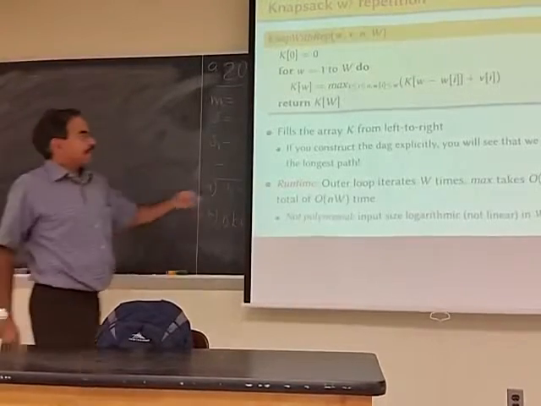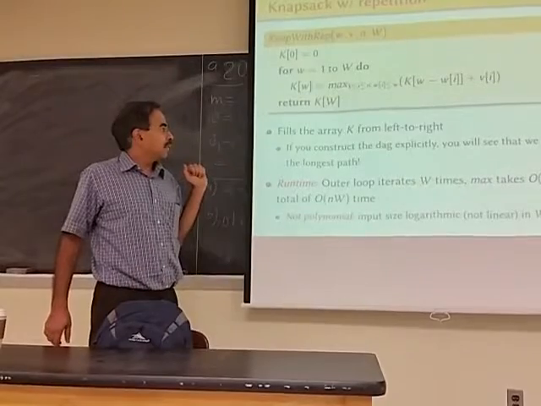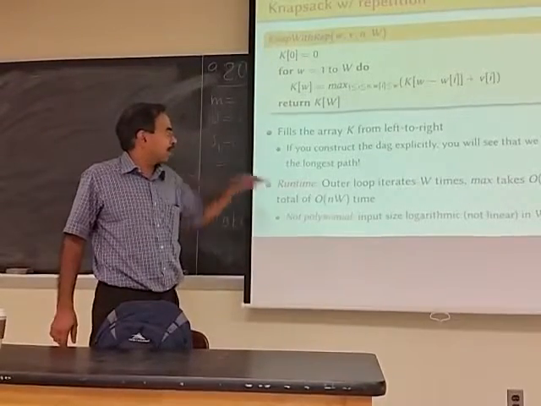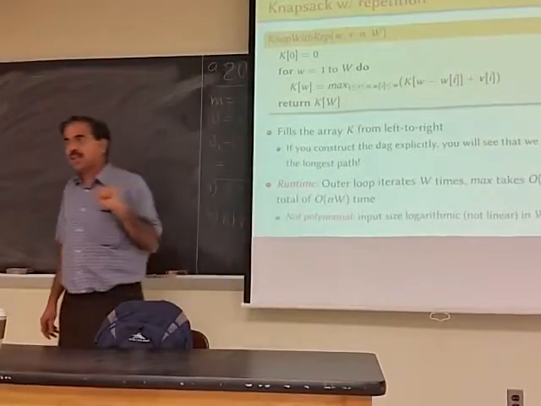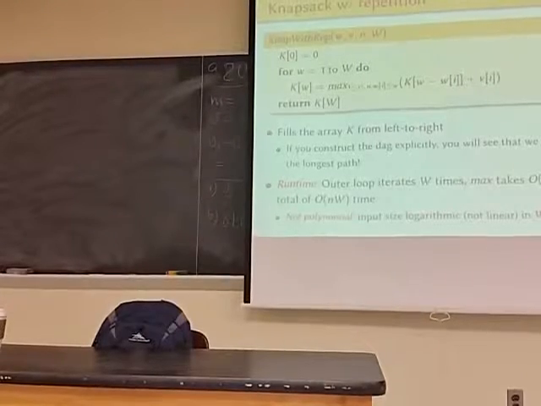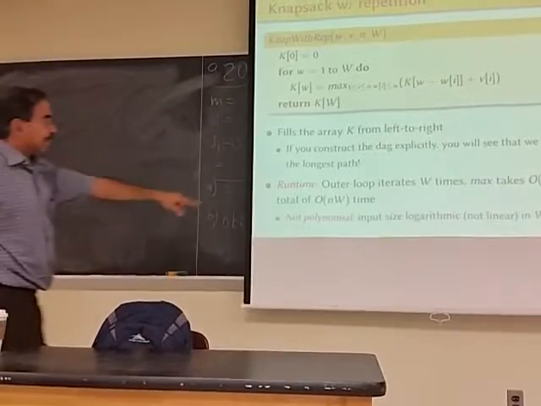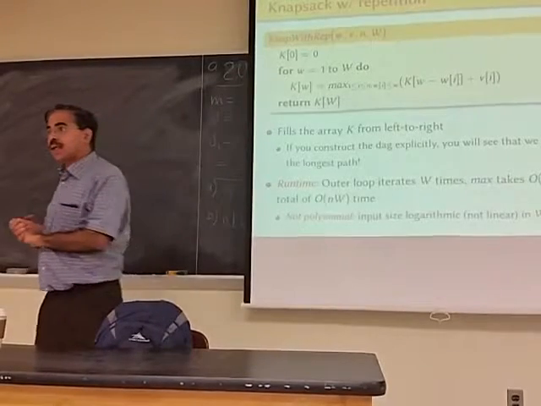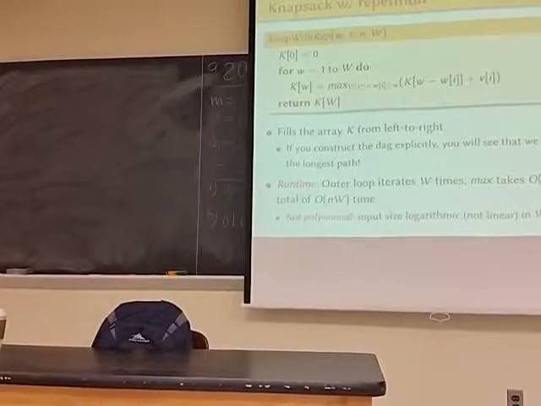And if you construct the DAG explicitly, you'll see that we are looking for the longest path, where longest means you are giving the edges a weight corresponding to the value. You want to maximize the value, that means if you add up the values along the path, you want to maximize that. So that's why this is actually constructing the longest path.